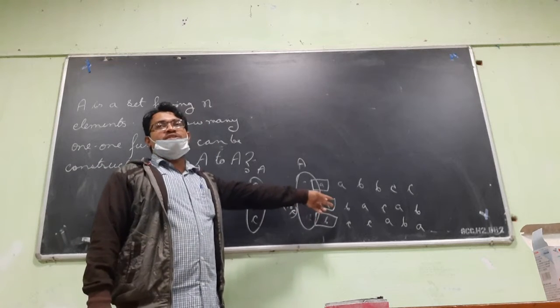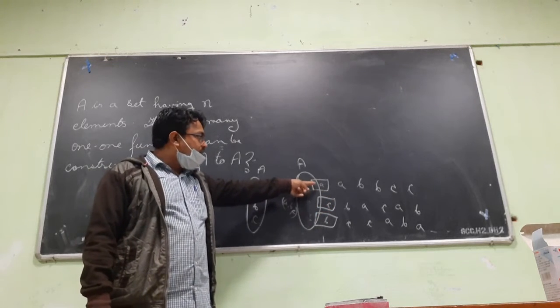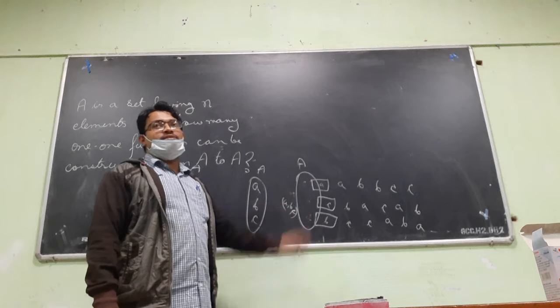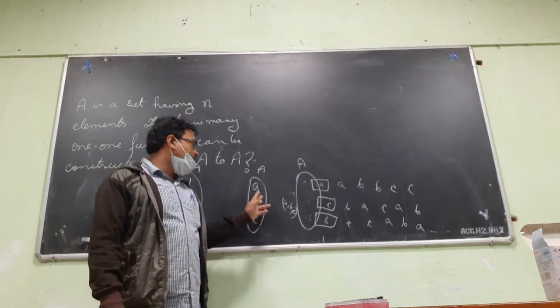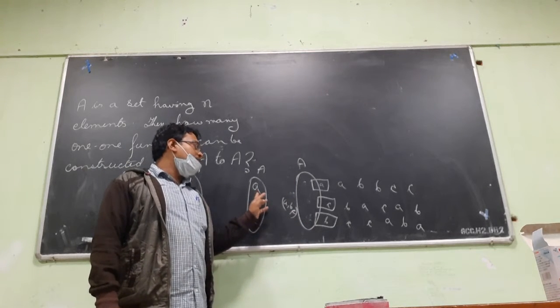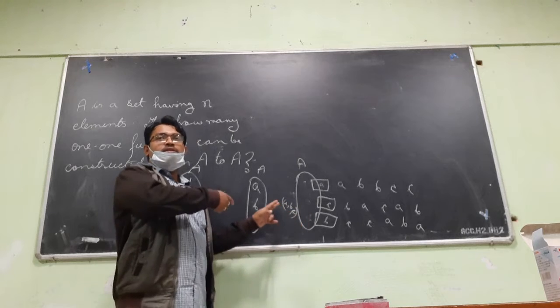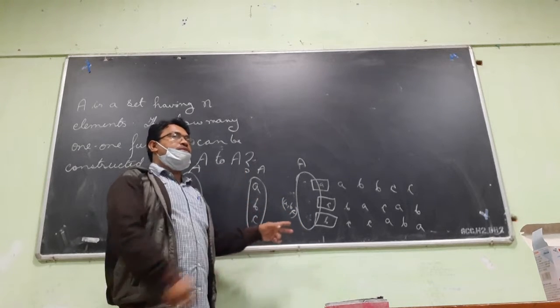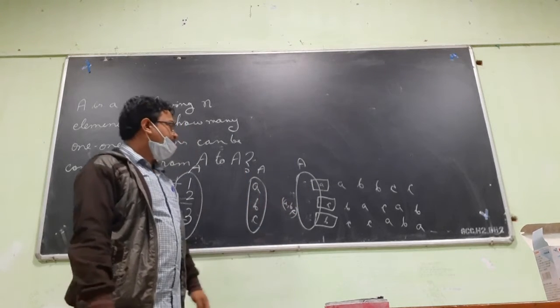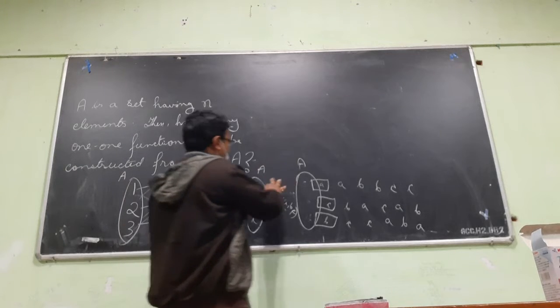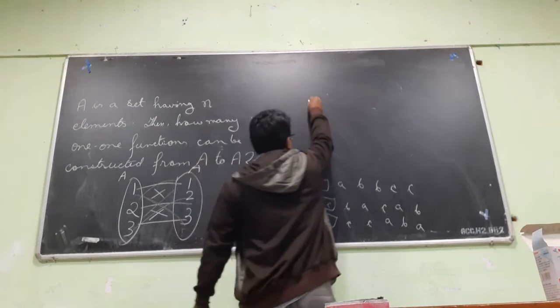So what are these? These are actually permutations of the objects A, B, and C. So constructing a 1-1 function from a finite set to itself is equivalent to finding a permutation of these elements. You can view it another way also.